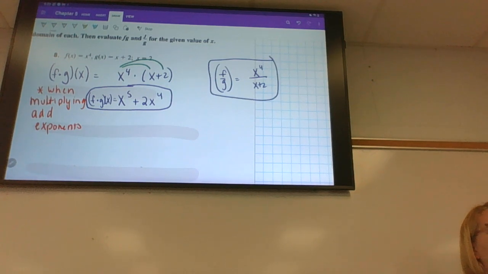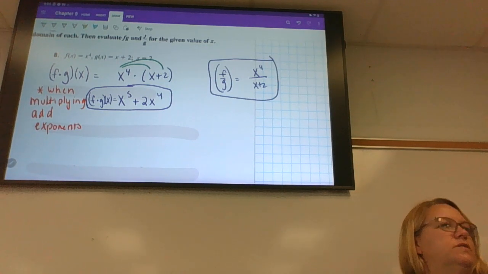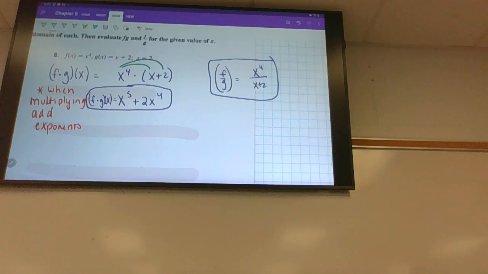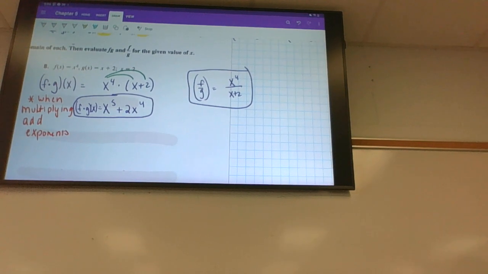Done. If I could reduce it, I would, but this doesn't reduce, so I just stop. Easier. Now there is something weird that happens with the fraction that I can't ignore. I have to state an excluded value.